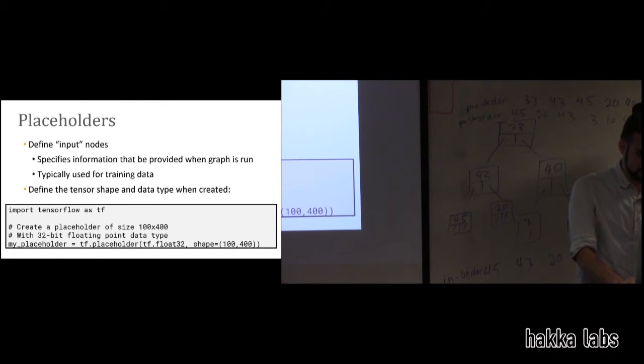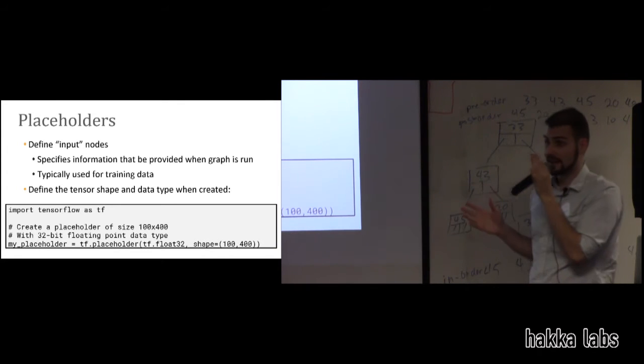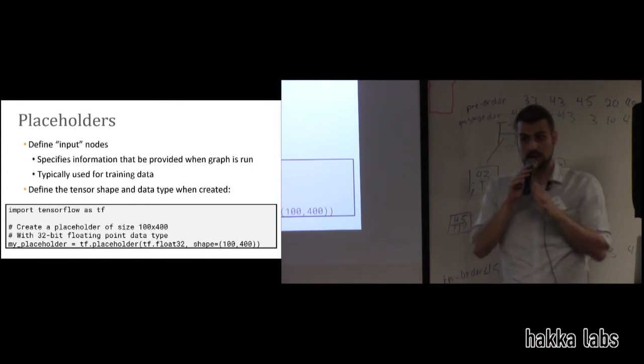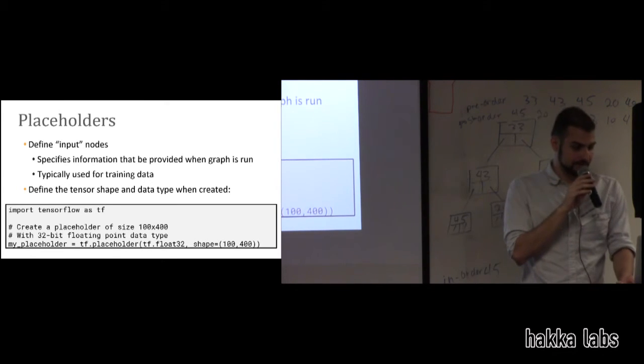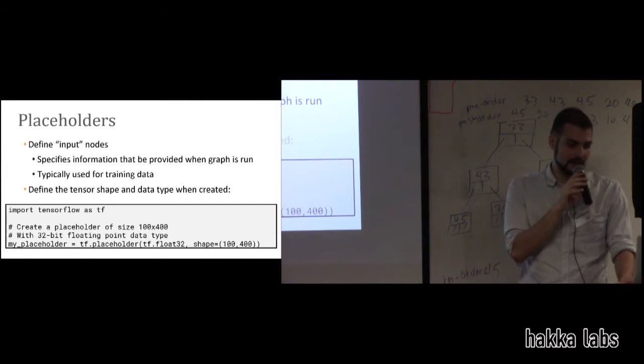Okay, so let's talk a little bit about placeholders. Placeholders are your input nodes. As you're running graphs, you're not always going to want to use the same numbers every time you run the graph. When you're doing machine learning, you're going to need to be passing it training data, and giving it the labels for that data as well.